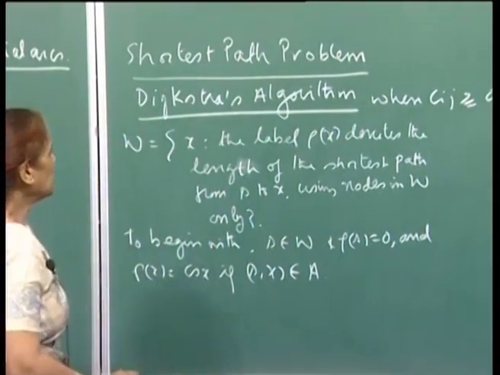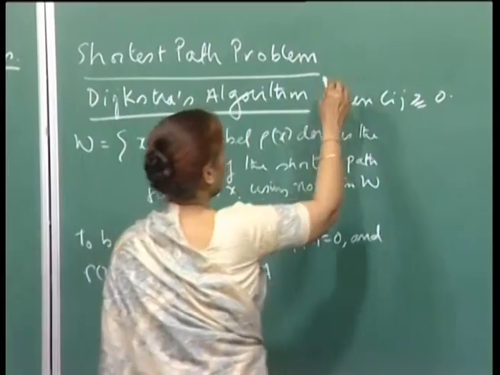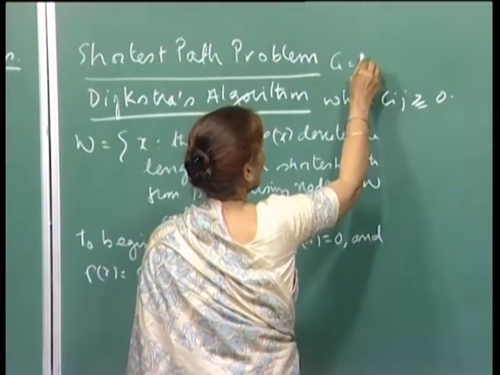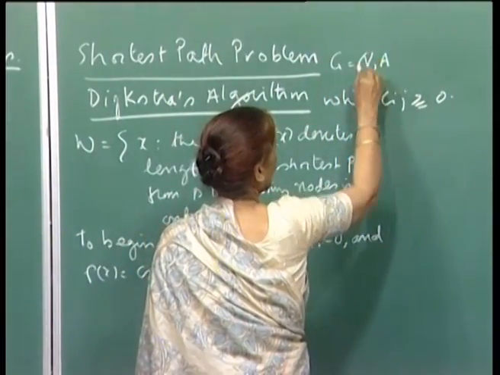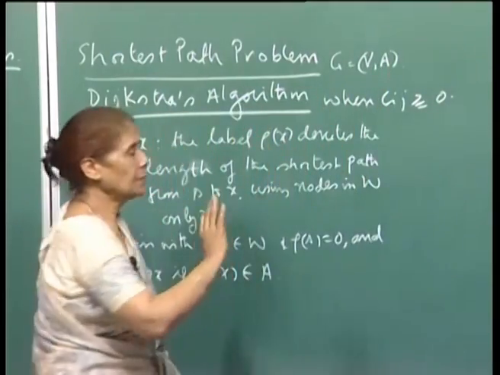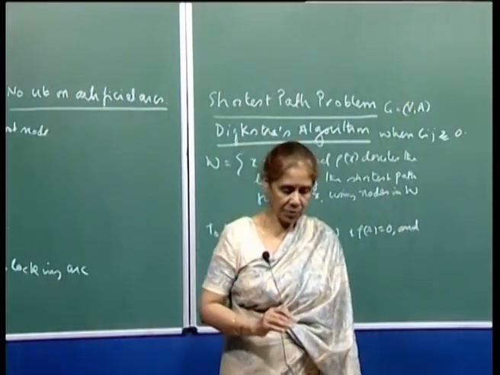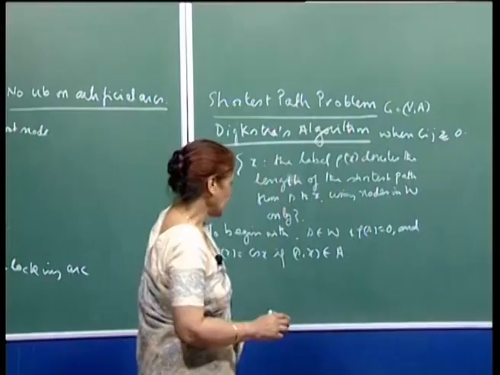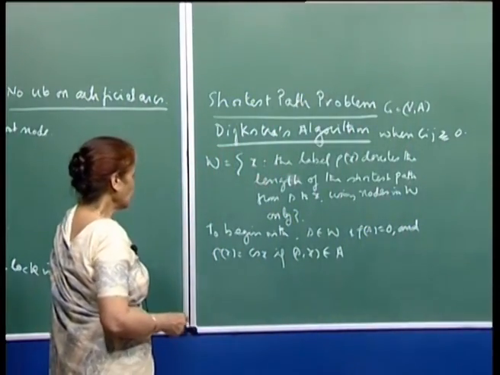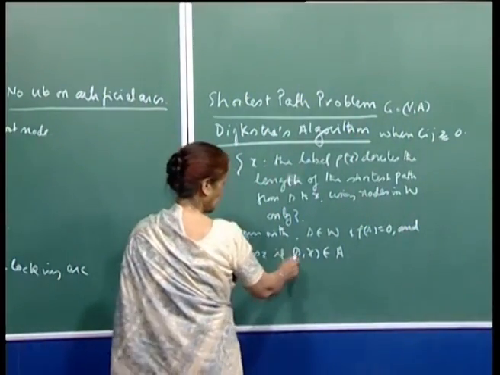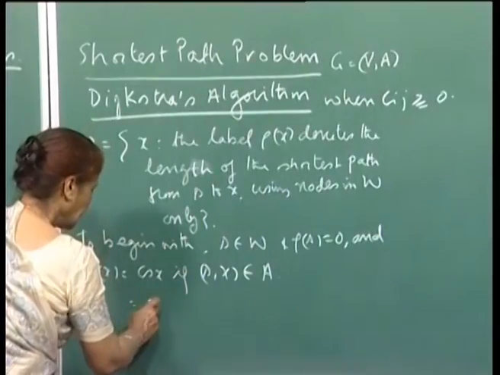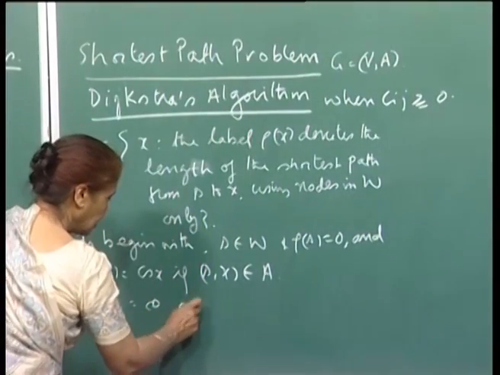Right in the beginning I told you that we will be doing this for a directed graph, so it is always understood that V is your node set and A is the arc set, and I will not write it every time. So, rho X is C S X if S X belongs to A, and is equal to infinity otherwise.